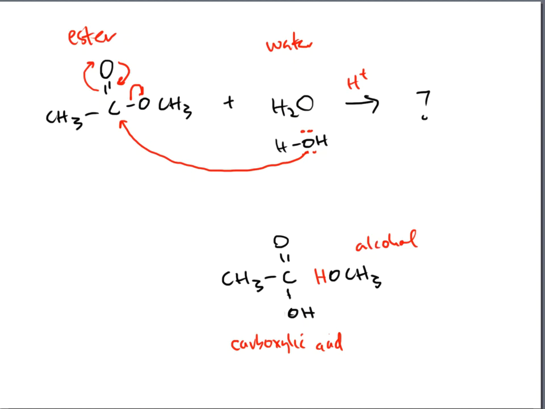So if I go through and start assigning names to these, I name the group on the O first, which is a methyl group. And then I name the two-component piece. That two-component is acet, and this is an ester, so that ends in -ate. So this is methyl acetate that reacts with water in the presence of acid to form, well, here's my 2-carbon chain, so acet with an ic and the word acid, because it's a carboxylic acid.